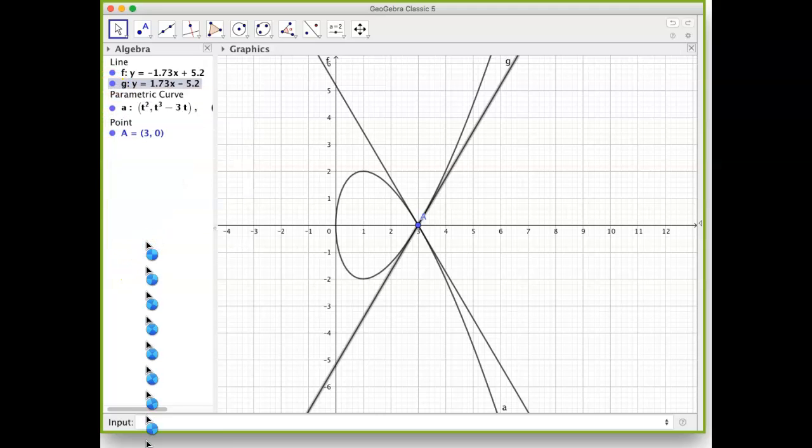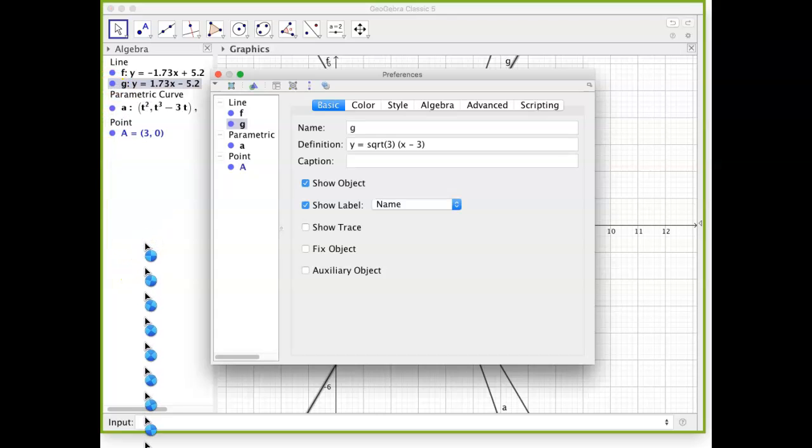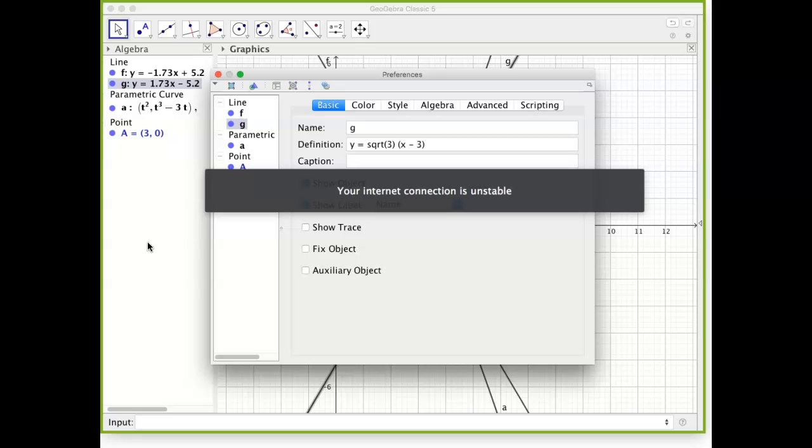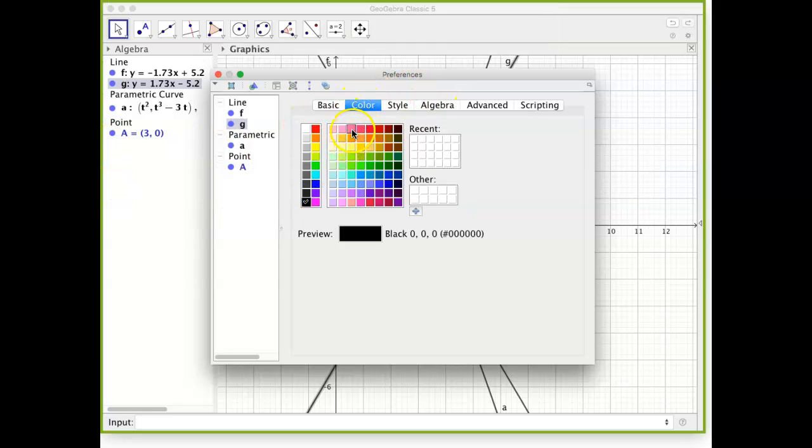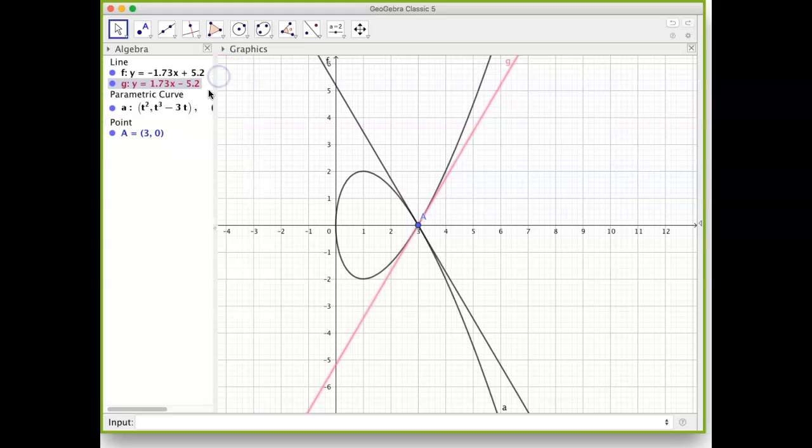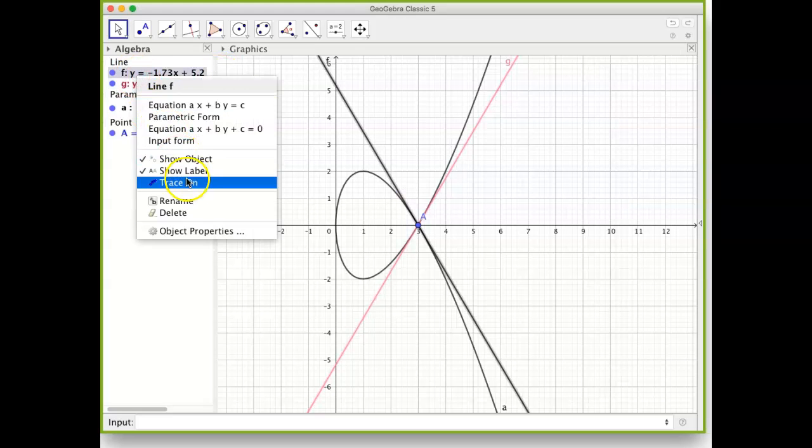Why wouldn't it be negative 3 over root 3? Sorry, say again, Claire. Why wouldn't it be negative 3 over root 3? It would be, but if you rationalize that, so hold on.